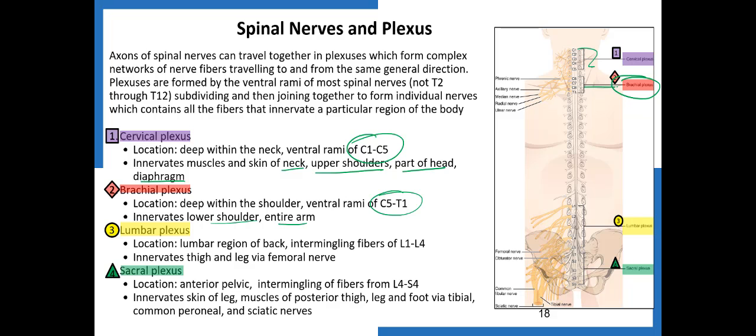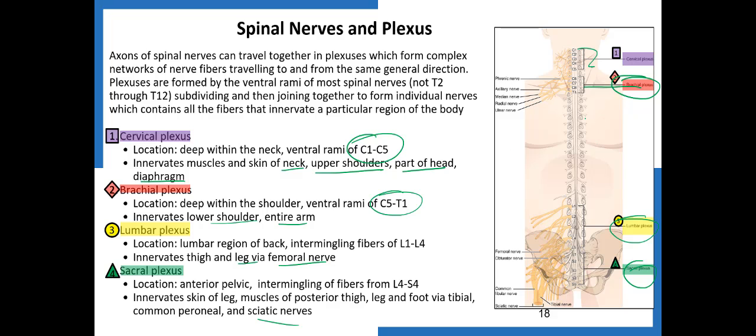So you can see just by its location what it innervates. The lumbar plexus is down below and innervates the thigh and leg via the femoral nerve, and then the sacral plexus is beneath the lumbar plexus, and again it innervates other parts of the leg.